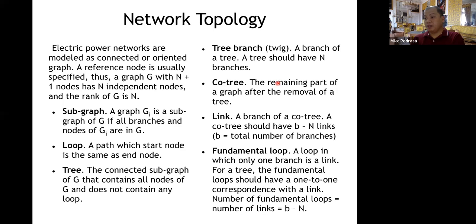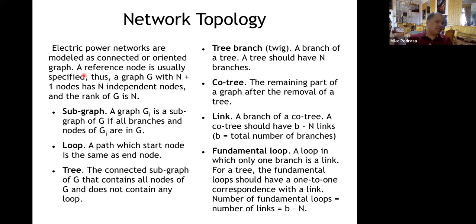Okay. Now, more definitions. We have the subgraph, loop, tree, tree branch, co-tree, link, and fundamental loop. But before moving on to those definitions, tingnan muna natin ito nasa taas. Again, electric power networks are modeled as connected or oriented graph. And then, when we analyze a circuit, we usually select a reference node.